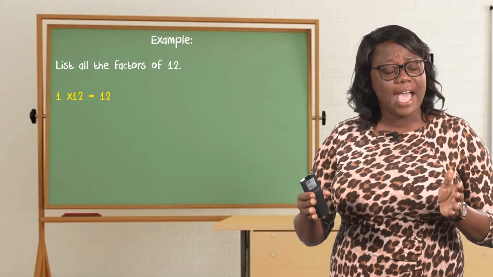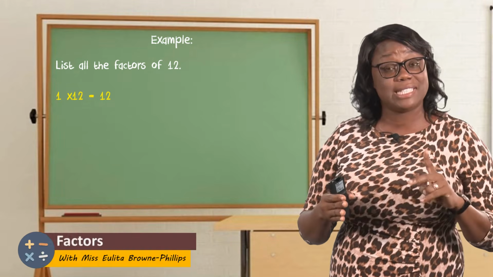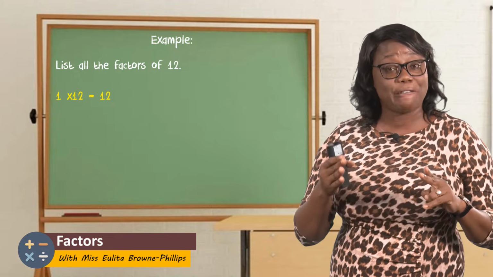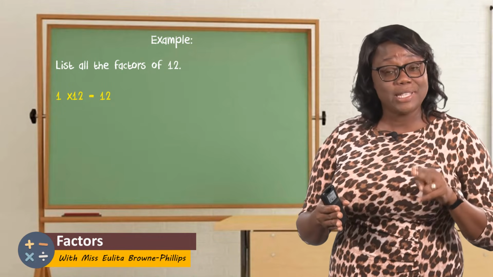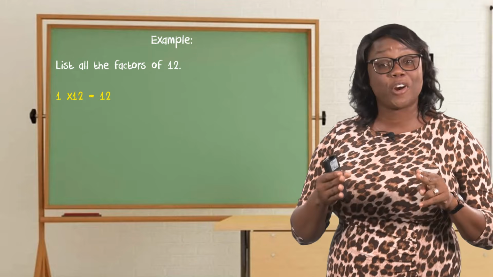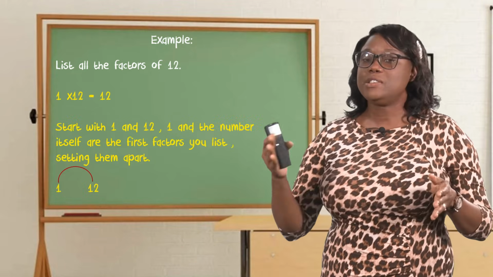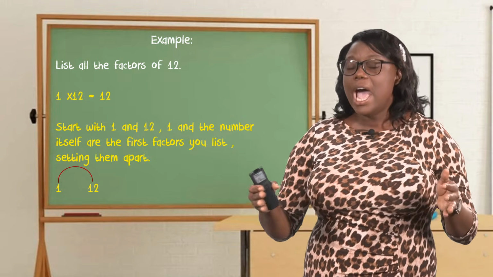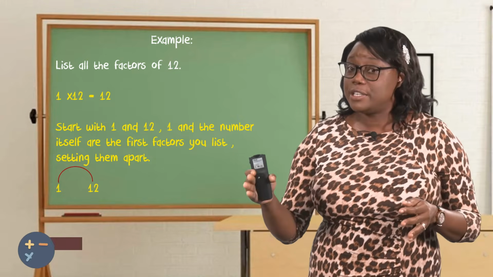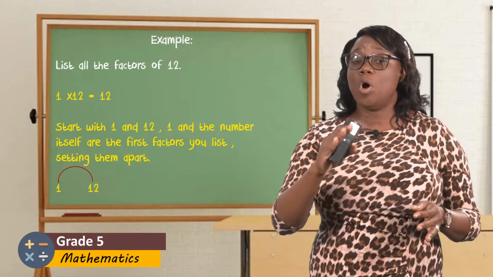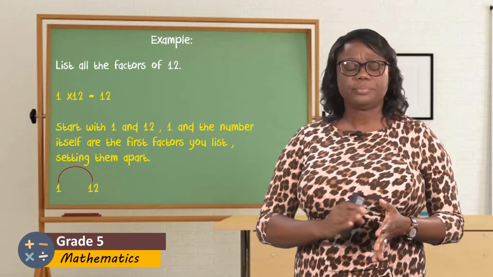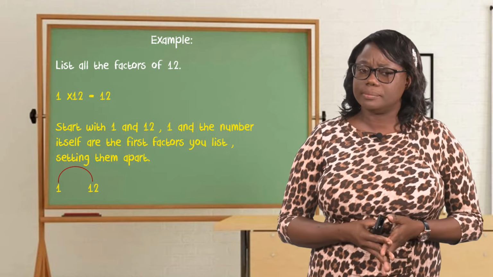By the way, I'm going to teach you two methods today of how to find factors, and you will decide which one is more comfortable for you. So we place the 1 and the 12 apart and we draw an arch at the top of it, linking the 1 to the 12. So let's go on.